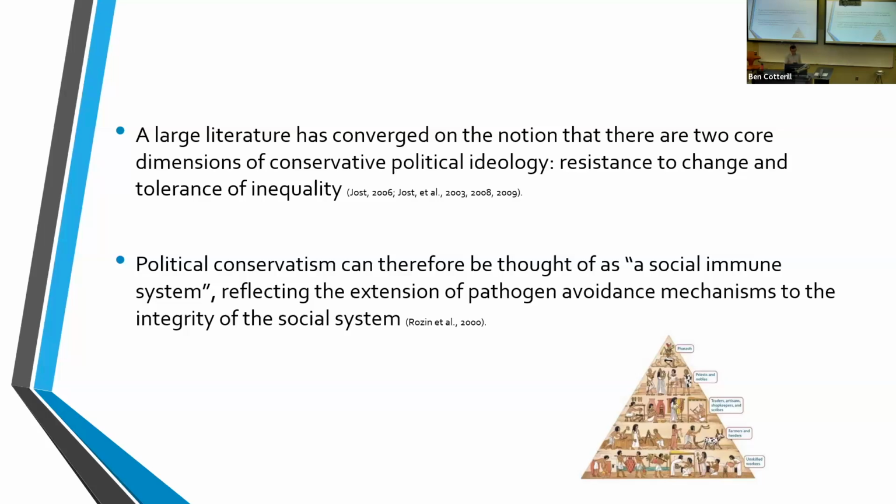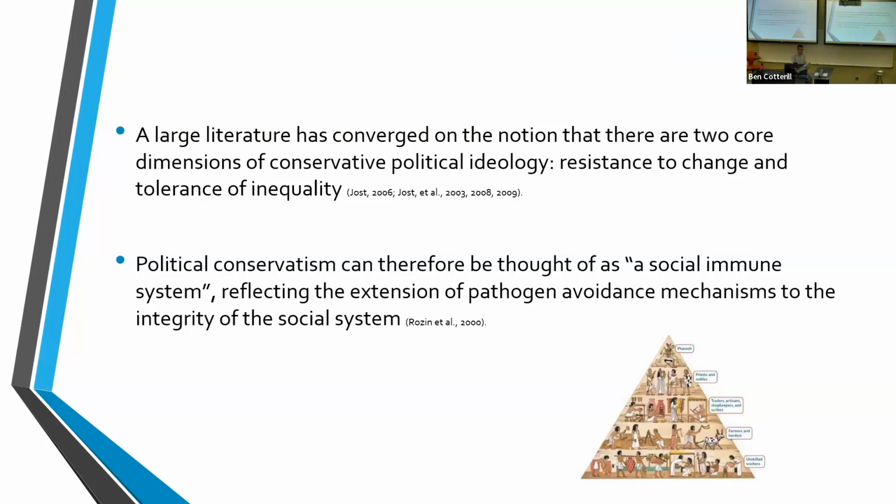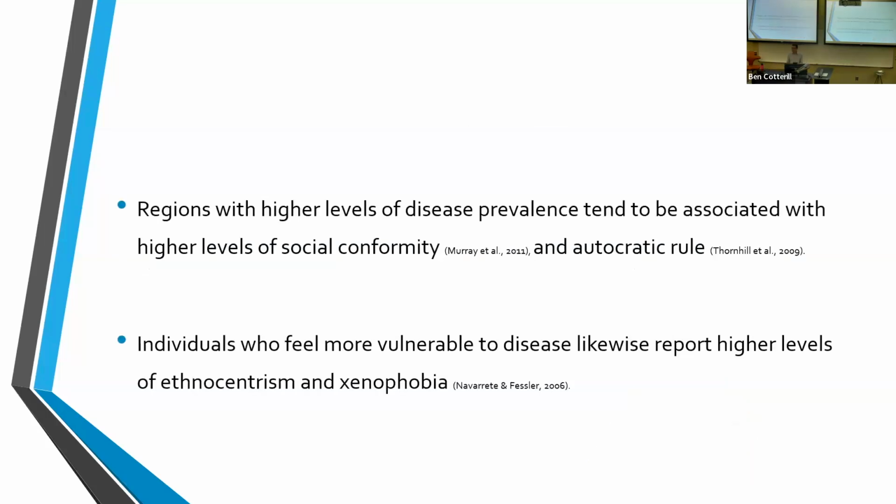So what is being argued here is that political conservatism is in part a manifestation of this social immune system or behavioral immune system, in which one is trying to keep the hierarchy as it is. They're trying to maintain tradition and stability in order to keep away from disruption. And again, kind of protect the purity, if you like, of the social system.